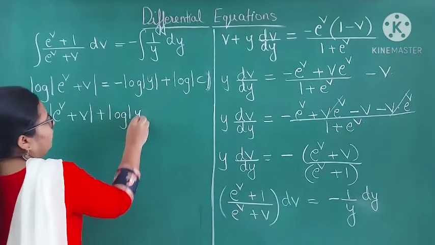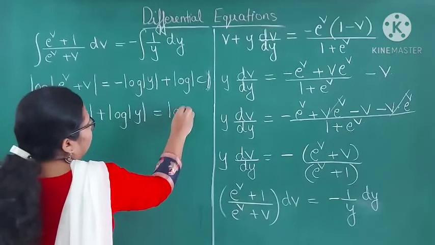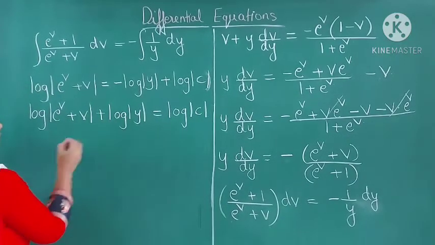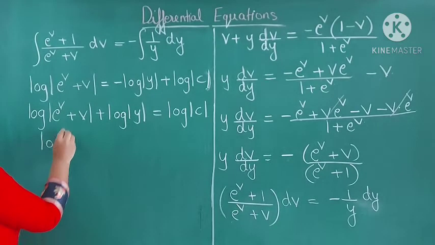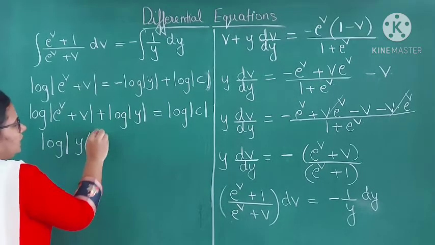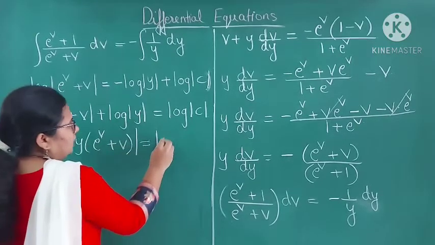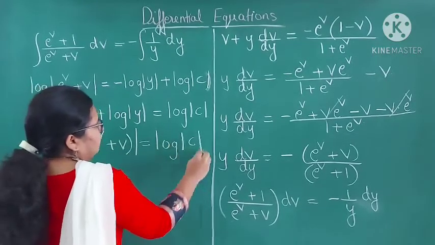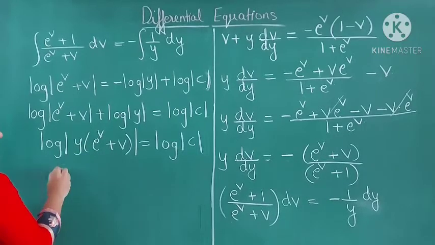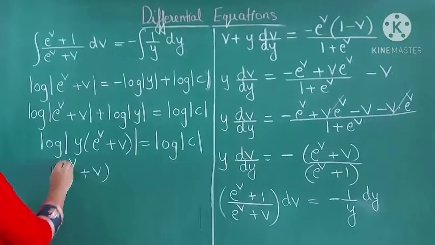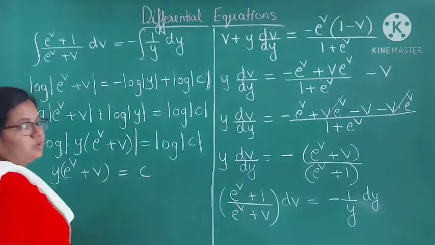Log of y is equal to log c. Plus sign means product, log product. So log of y into e raised to v plus v is equal to log c. Then by comparing both sides you get y into e raised to v plus v is equal to c.